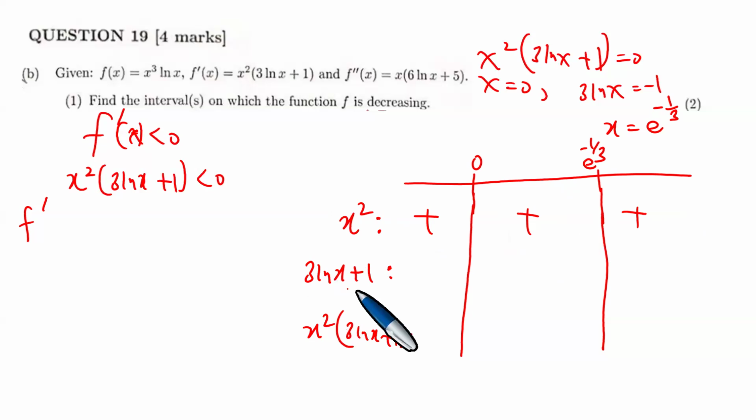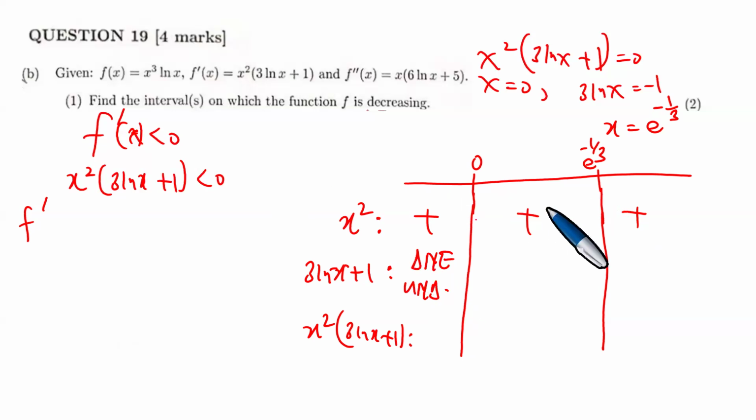Now here you choose a number smaller than 0. The ln of a negative number does not exist, or you can say undefined. We don't take the ln of negative numbers in this real analysis module.